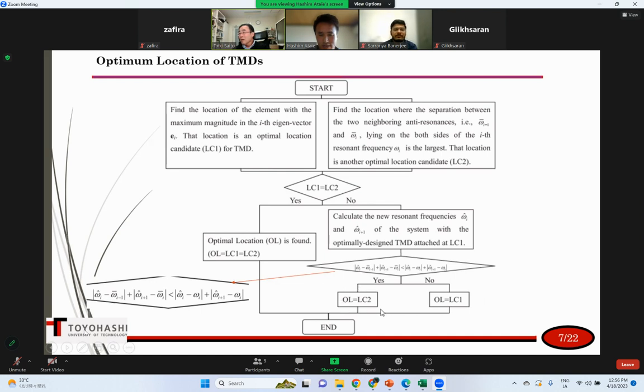Maybe the case that LC1 and LC2 are not the same must be very rare, but it's not clear.